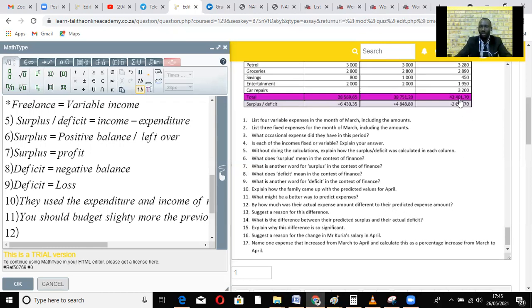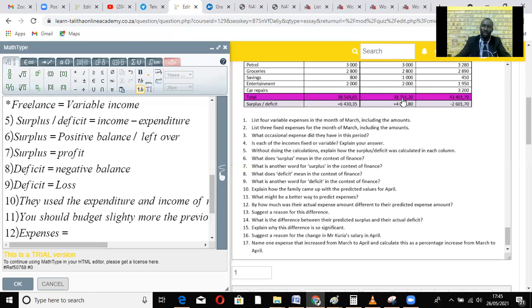Well, notice that we have this as the actual expenses. This is the predicted one. So the question is by how much, okay, was there the difference? So the difference in expenses is going to be the actual expense minus the predicted one, okay?